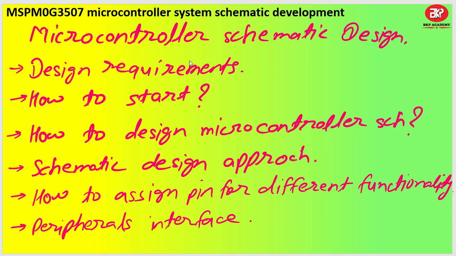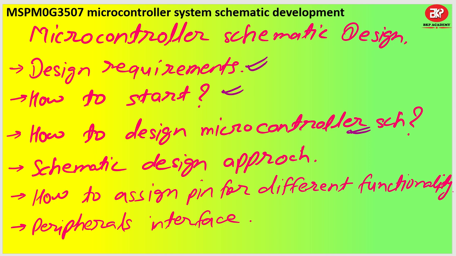Basically, in terms of microcontroller schematic design, first of all we have to understand the design requirement: what peripherals will be utilized, or what the application is. Then we will see how to start, what the first step is with microcontroller based circuits, and what the method is to design them, like how we can design the symbols, whether a single symbol or a heterogeneous symbol with multiple symbols.